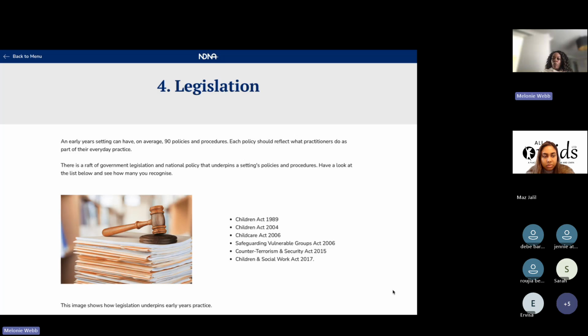Government legislation would be things like the Children Act 1989, as well as the Children Act 2004, the Childcare Act 2006, Safeguarding Vulnerable Groups Act 2006, the Counter-Terrorism and Security Act 2015, and Children and Social Work Act from 2017.